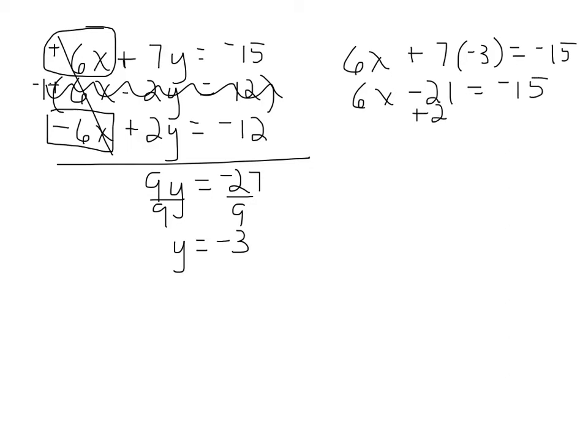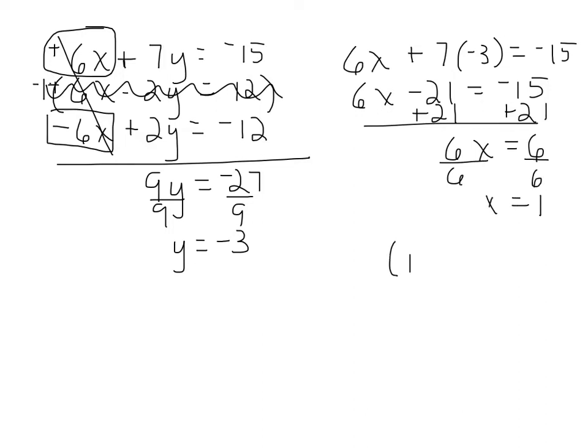And when I add 21, I see that 6x is equal to 6. And that means that x is 1, making the solution (1, negative 3).